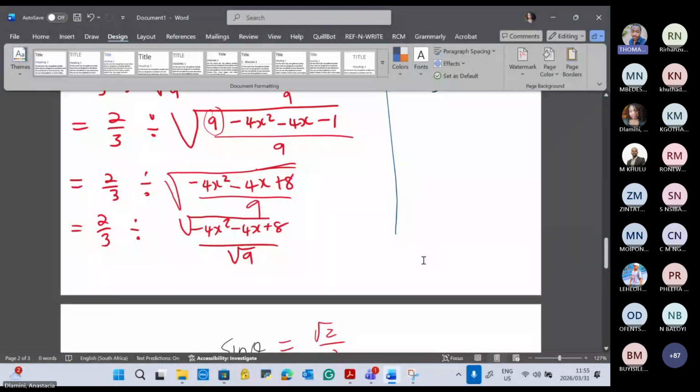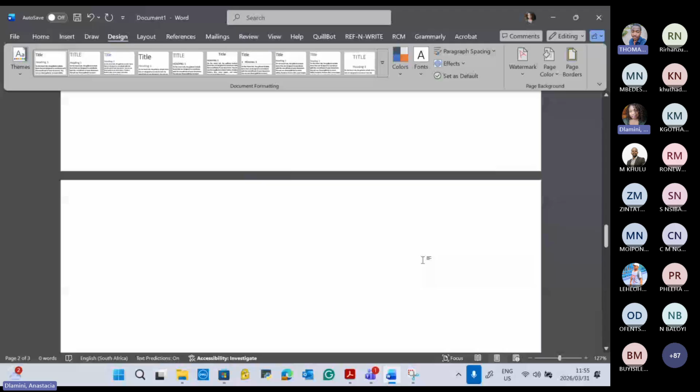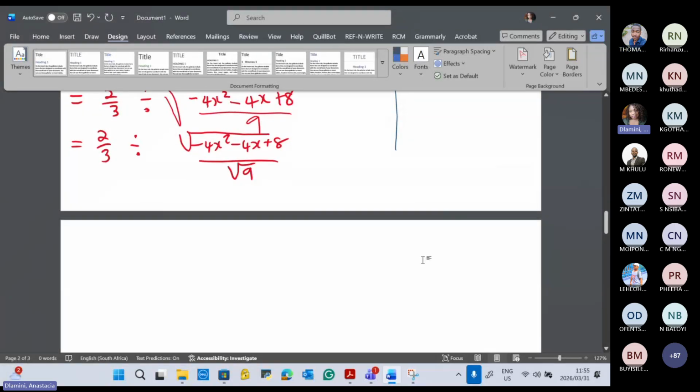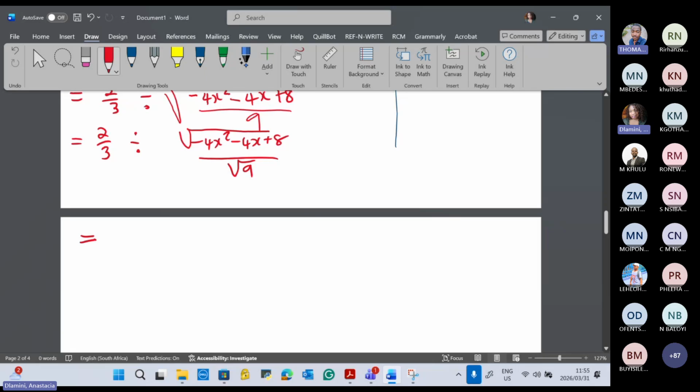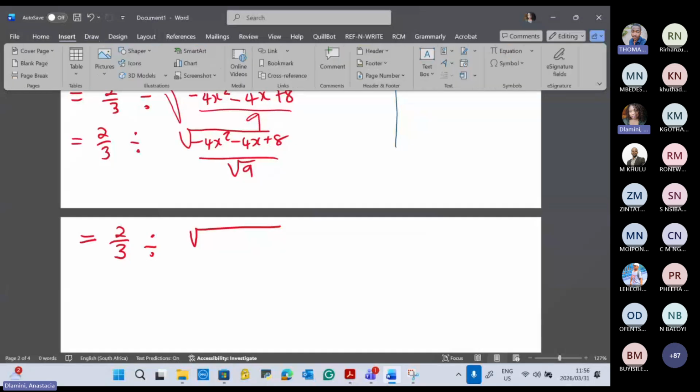Yes. So now, meaning that this will be equal to 2 over 3 divided by the square root of 8. So let's write it like this. Guys, something is not right here.